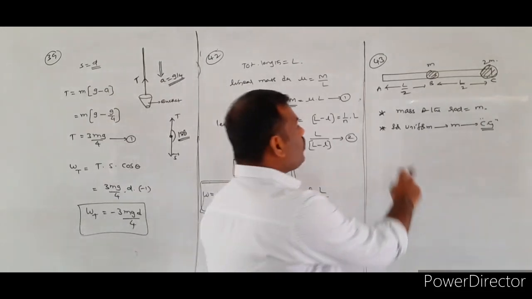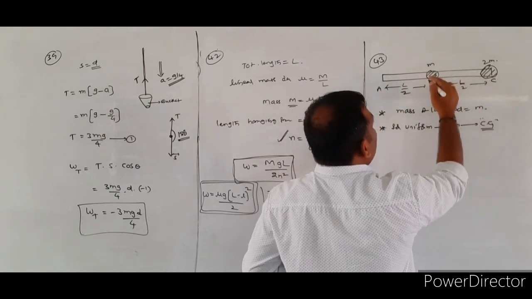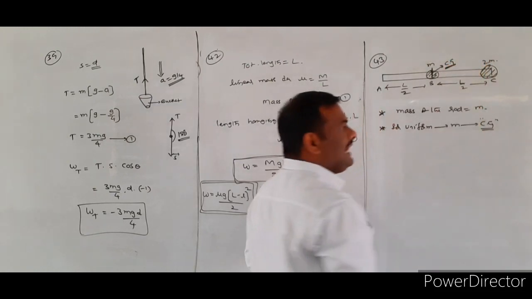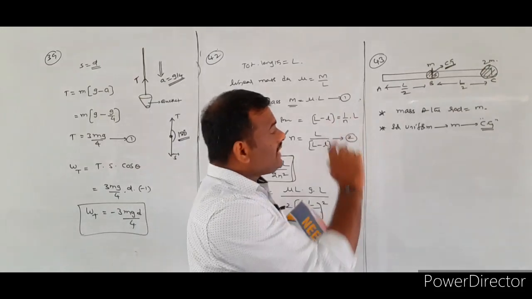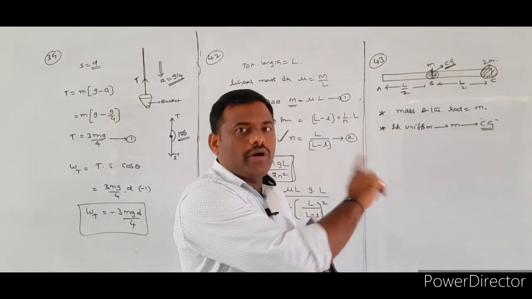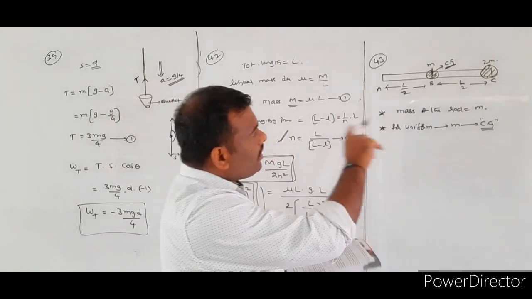So the total mass of the rod is present at the center of gravity, which for a uniform rod exists exactly at its geometrical center. So the center of gravity will coincide with the point B according to the given problem. What are they doing?